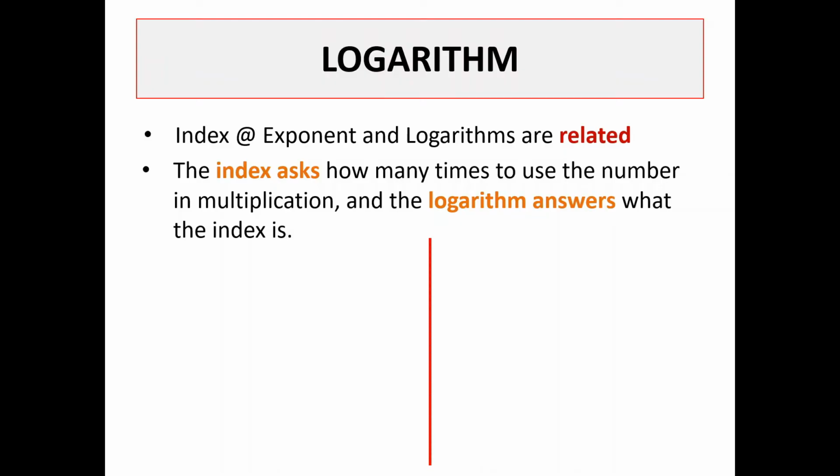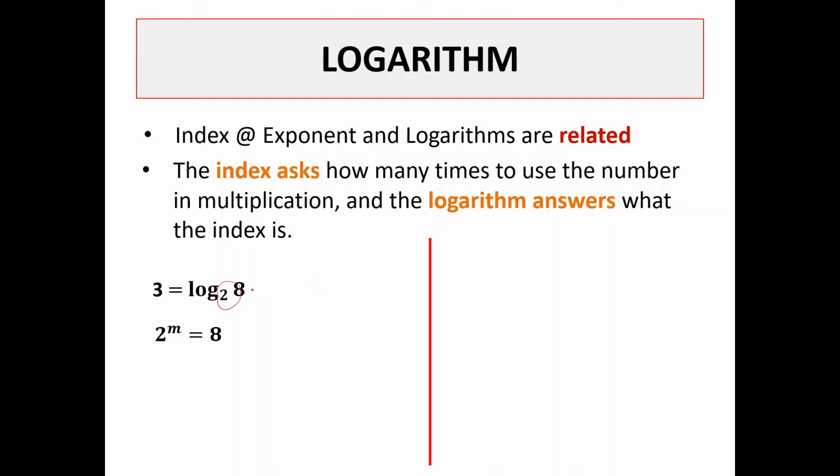These are some examples. If we are given 3 equal to log 8 base 2, and we also have 2 to the power of m equal to 8, based on this information we have to identify what m is. We know that 2 is the base.